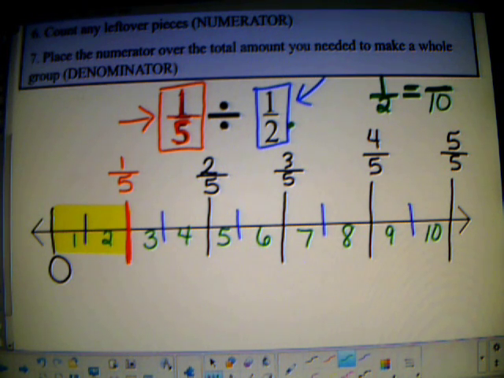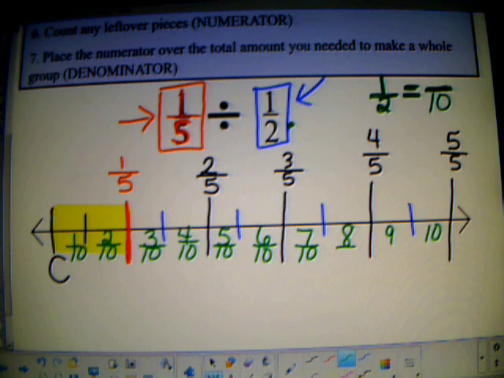That means that instead of being divided in half or in fifths, my line is now divided into tenths. And 10/10, of course, make a whole.